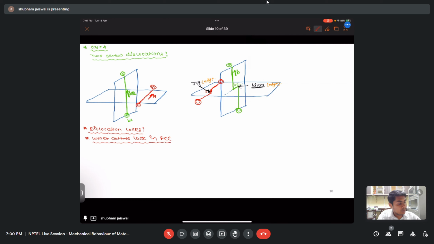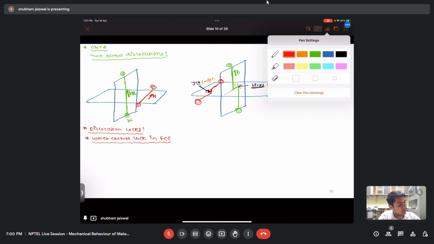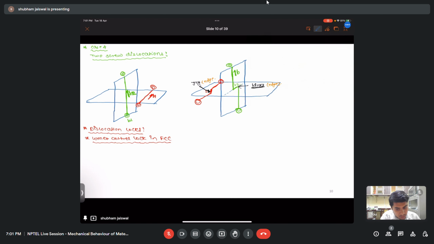So let's say I have two planes. Let me draw. One is the (111) in FCC and one is the (-111).